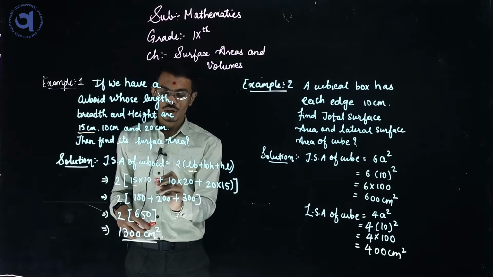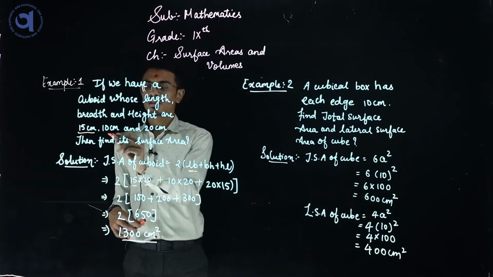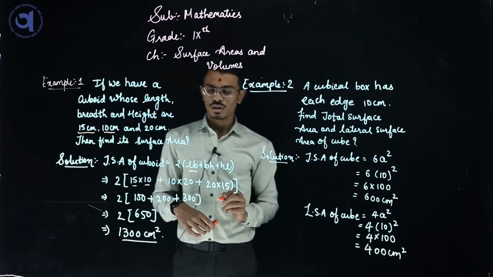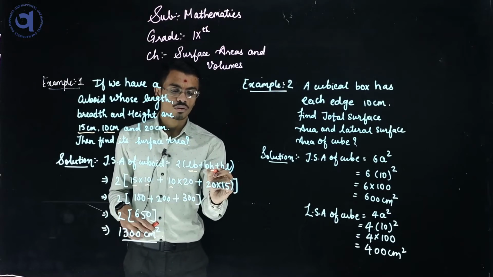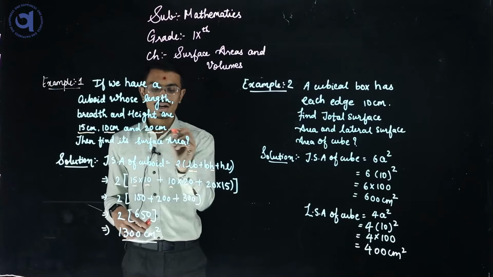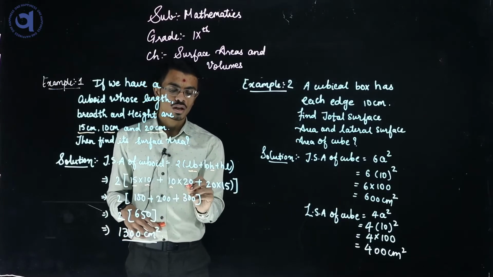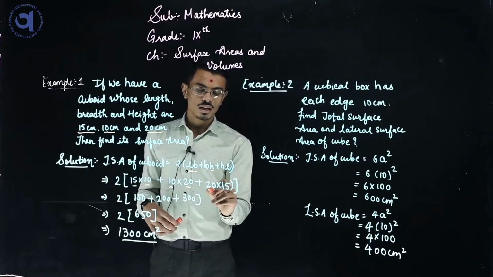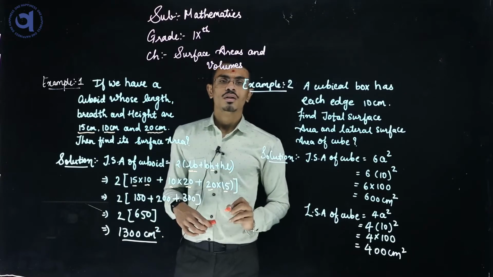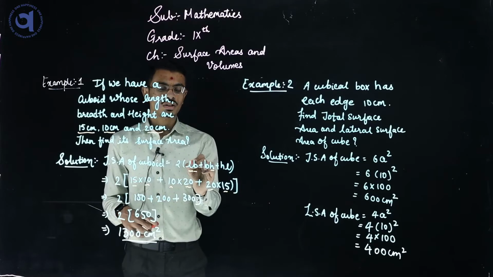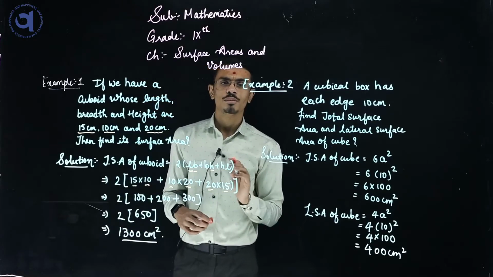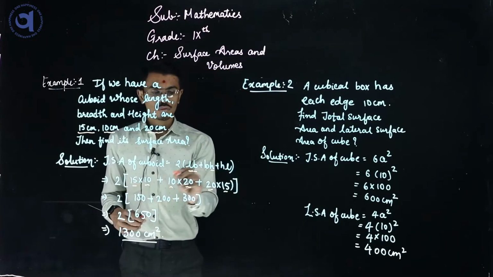In place of breadth it is 10, and in place of height it is 20. Same way h and l are 20 and 15. So the first step is just putting in the values of length, breadth and height. Now solve it out.